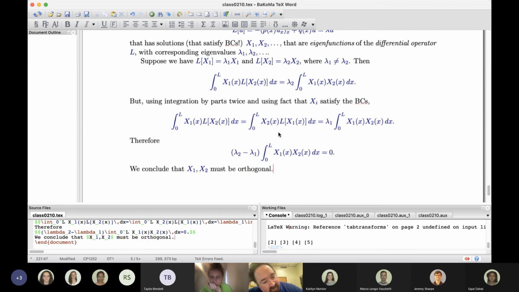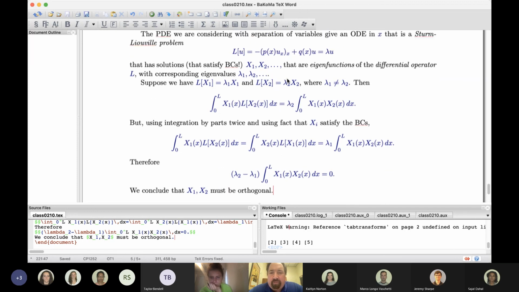Okay. Since I brought up earlier that for these problems you take it for granted that whatever solutions you get from your separation of variables, your xn of x, will be orthogonal, I thought since nobody had any questions, I would take a few minutes to prove that for you.